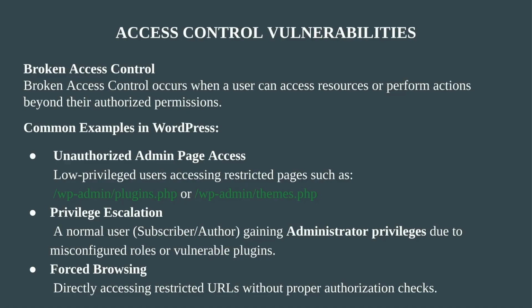If the system does not properly verify user permissions, the user may gain access to administrator functionality. This type of vulnerability is extremely dangerous and is currently ranked as the number one risk in the OWASP Top 10. So we have to check this also, broken access control.